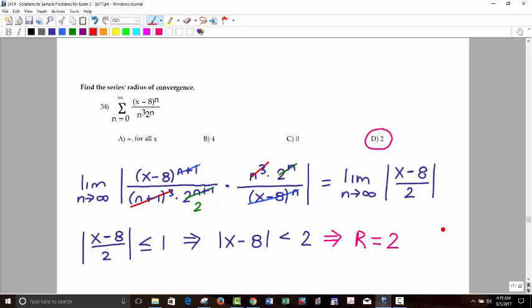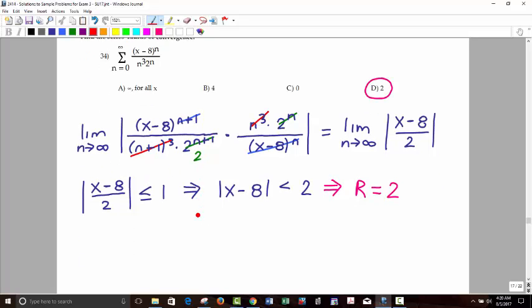So whenever the n's go away, you're going to have an interval of convergence of real numbers. So you're either going to have this situation, or you're going to have n's on top, or you're going to have n's on bottom. The x isn't going anywhere. So what we do is set this x minus 8 over 2 less than or equal to 1.